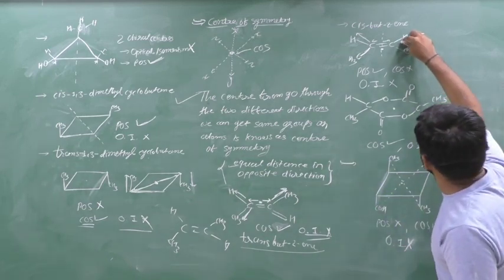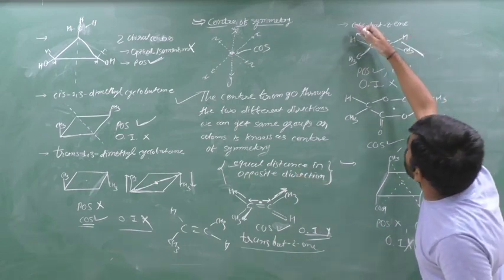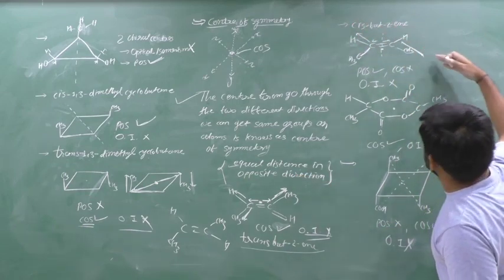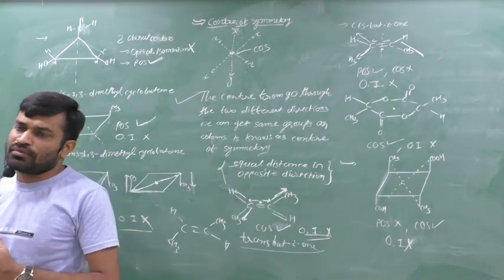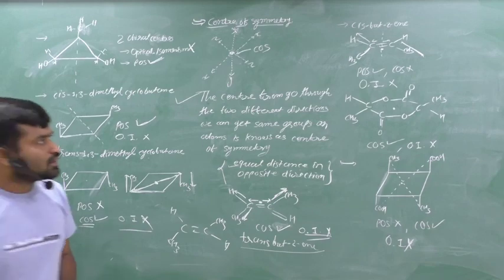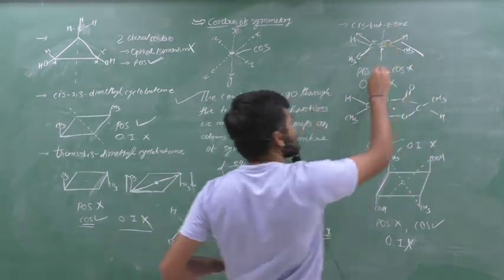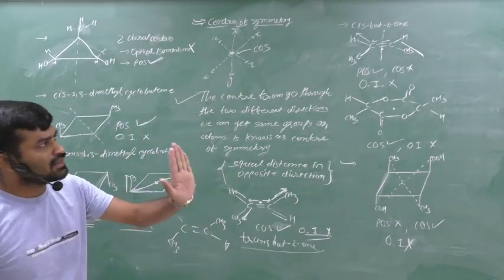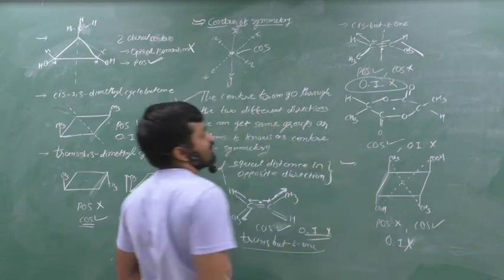Clear? The opposite direction of this hydrogen is this, not an equal part. Opposite direction, equal parts is the center of symmetry. It cannot have a center of symmetry, but it can have a plane of symmetry.